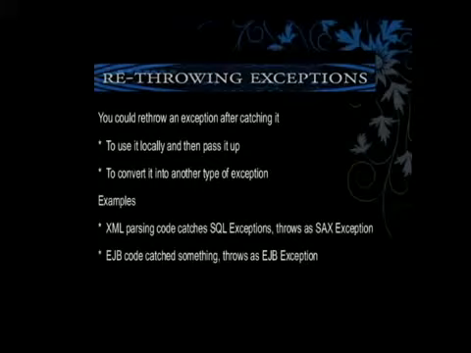Sometimes you may handle an exception in a catch block but still want to deal with it at a higher level. You can do so by rethrowing the exception from within the catch.